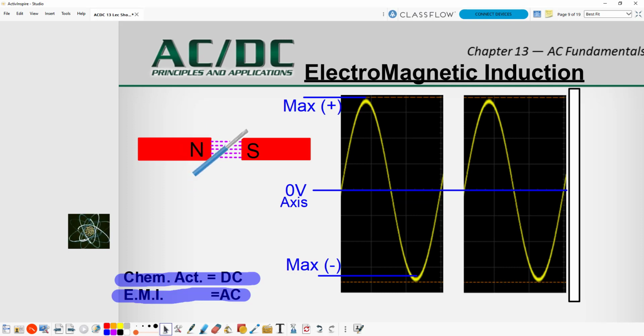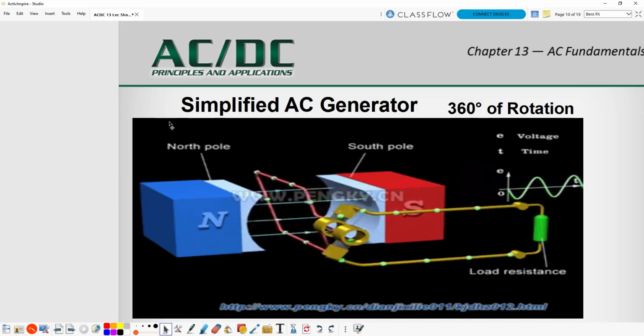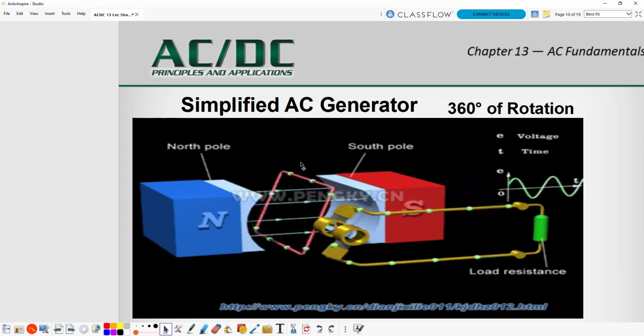Now, a more appropriate way to represent this and how it's actually done in real life, if we look here at a simplified AC generator, instead of having a wire that moves up, completely comes to a stop, moves down, completely comes to a stop, you can imagine that would be pretty rough on your machine, tear your machine up after a little while. What is done in actuality is a wire is rotated inside of a magnetic field.